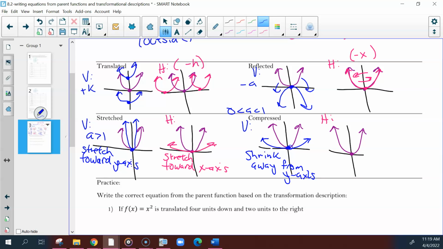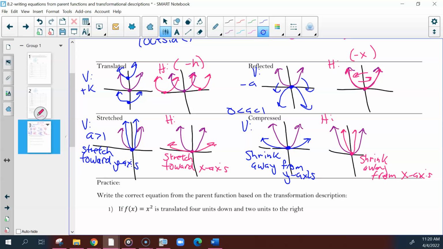And then horizontal compression shrinks away from the x-axis, so this gets narrower. So I said when you think of those two things, think of what it's doing.